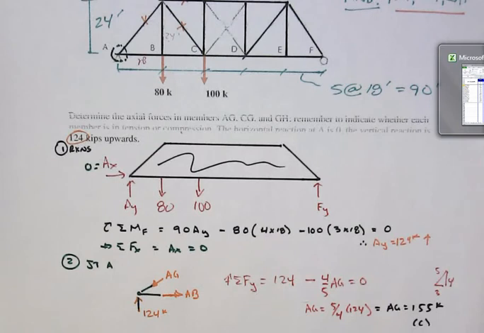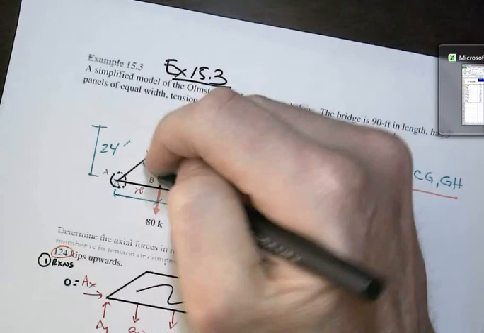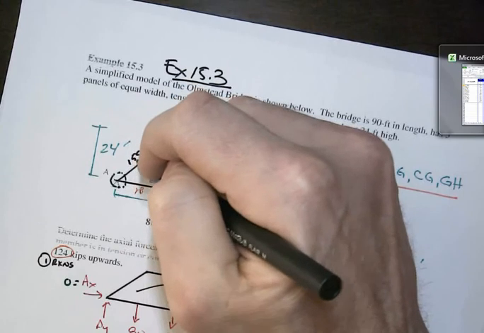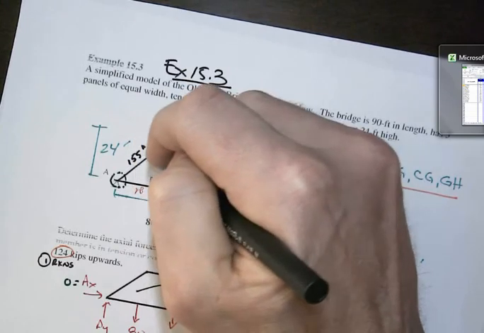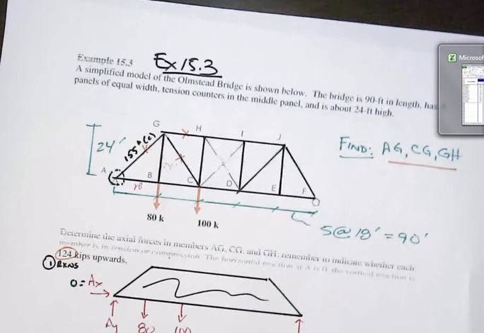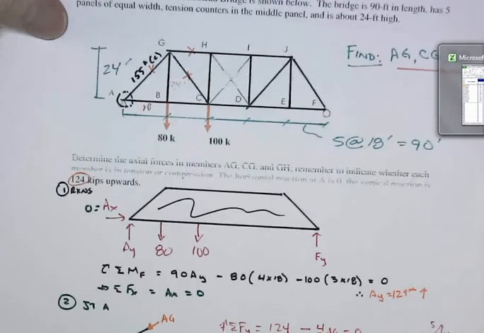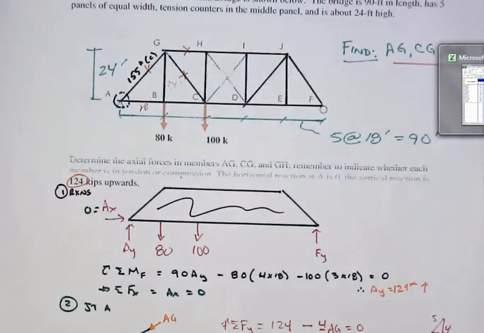So that was one of our tasks, was to get AG. I'm going to go ahead and write that right on up here on the drawing, that we have 155 kips of compression for AG.